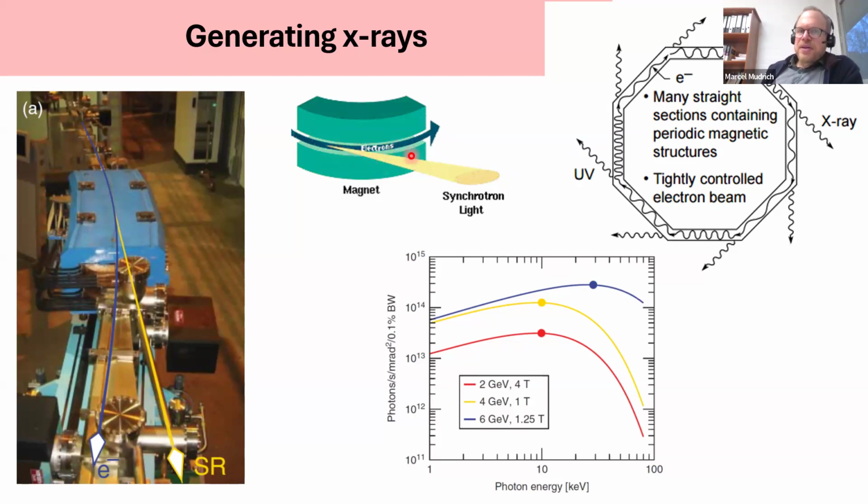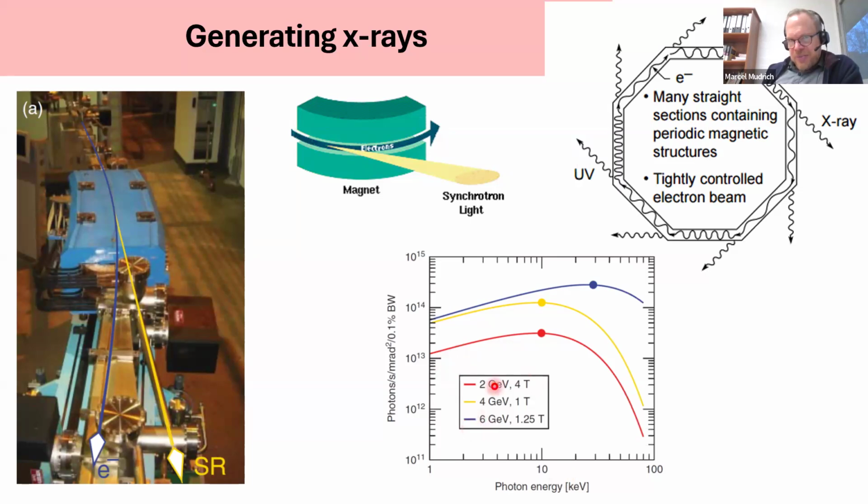It's not very controlled or specific, meaning that the emitted radiation spectrum is rather broad. You can see here a bending magnet spectrum for an electron beam at 3 different energies, 2, 4, and 6 gigaelectron volts, and also different magnetic field strength.